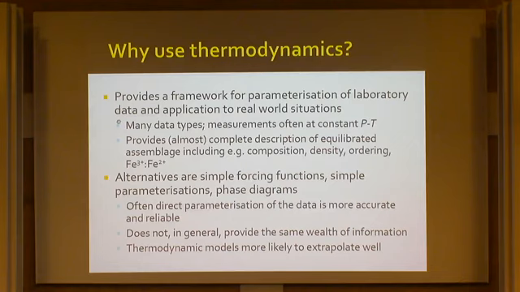We'll come to this. When you apply a thermodynamic model, as well as just getting the phase assemblages, the melt fraction, for example, and the solid phases, you get their composition, you get potentially information about the density, the heat capacity, the ordering state in phases that have ordering, the speciation in the melt, the ferrous ratio, the redox potential.